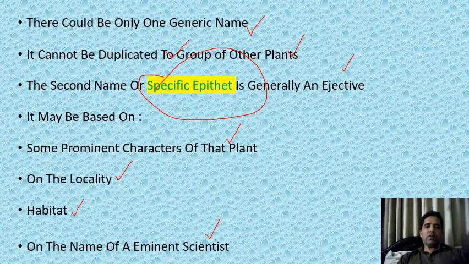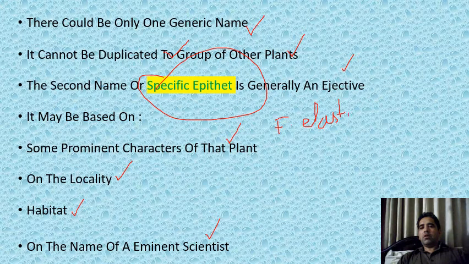The first case is a prominent character of the plant. For example, Ficus elastica. This plant is elastic in nature, a rubber plant, therefore it is named Ficus elastica. Both parts are underlined.